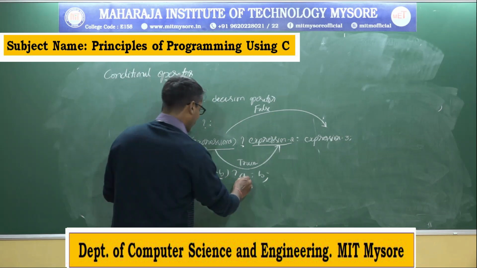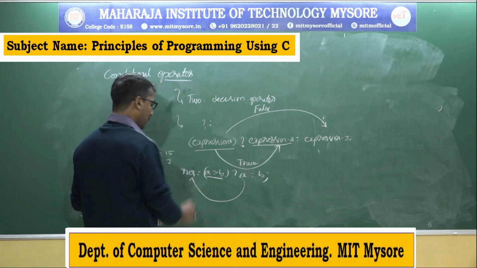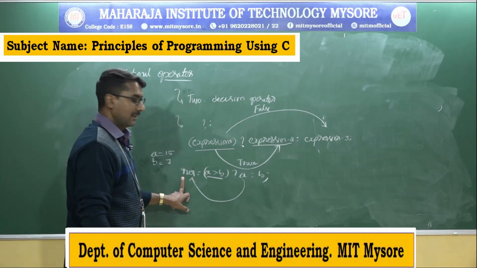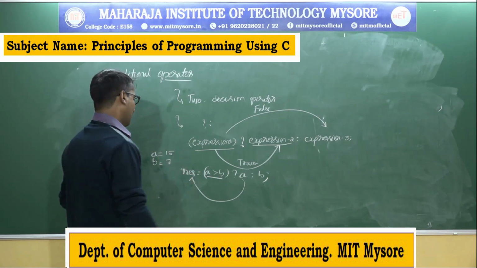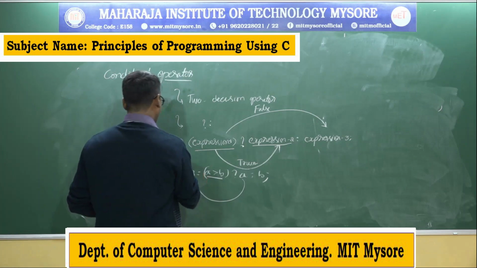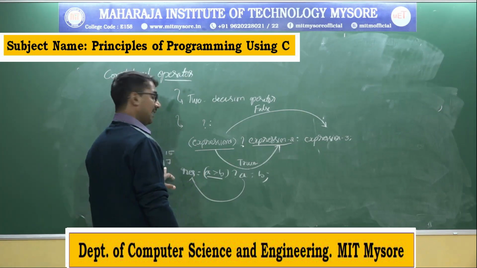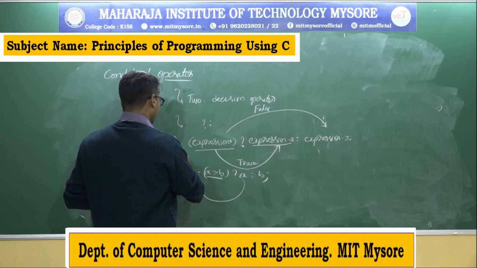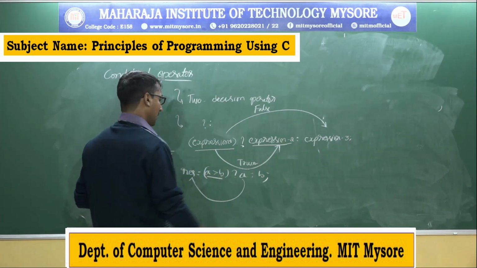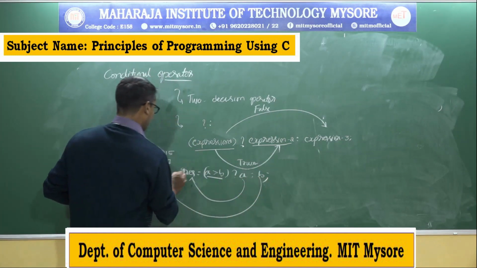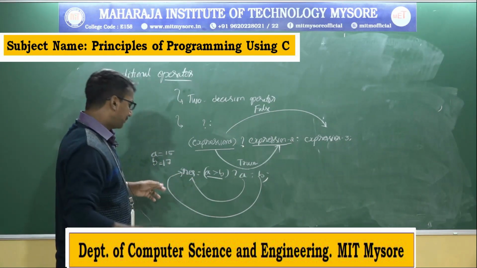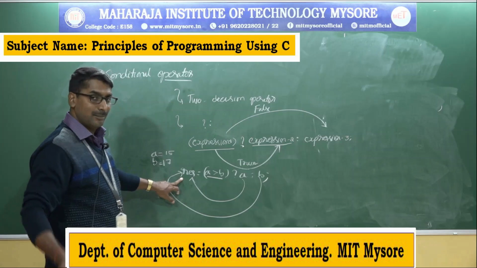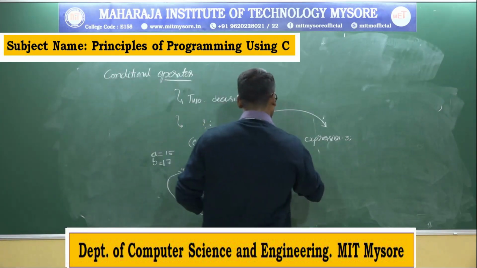Once the condition is true, it assigns the value of A to RES. If the value of B is 17, then 15 greater than 17 is false, so it assigns 17, the value of B, to RES.